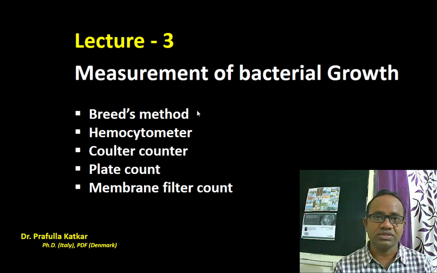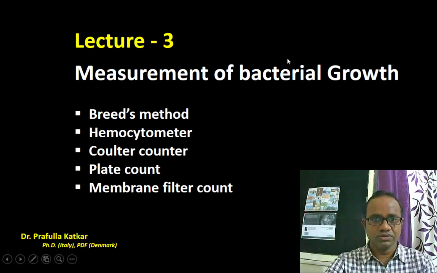Plate count is a serial dilution way of counting the bacteria. And the membrane filter assembly retains the bacteria on the filter, and then on incubation we can count the colonies. So these are all the 5 different ways of calculating bacterial cells.